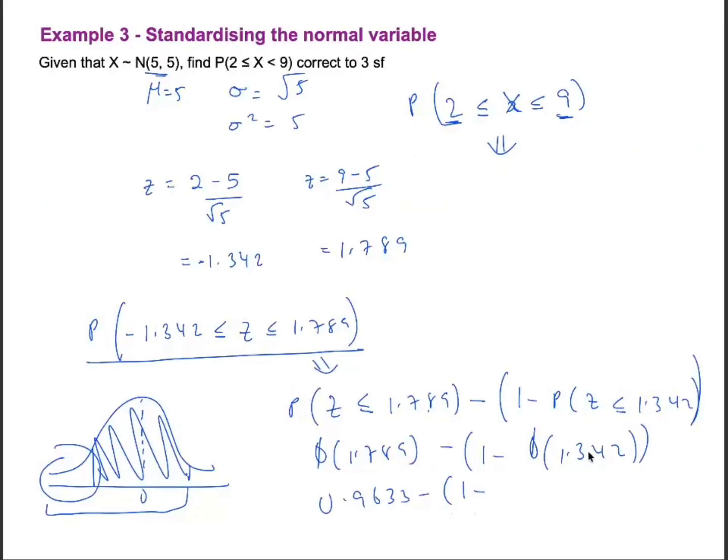So here our phi of 1.342 is 0.9102. And we're going to find this as a whole, which will give us the probability to be 0.8735, which rounded off to three significant figures is 0.874.